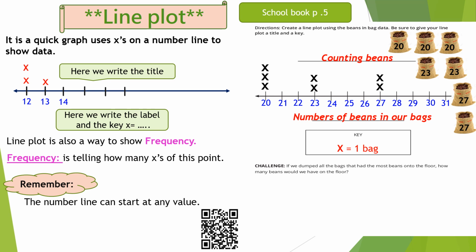The most, the greatest, or the highest value. What? 27. We have 2 bags that contain 27. So we will drop these 2 bags on the floor and we will count all the beans. So 27 plus 27 equals 54 beans.